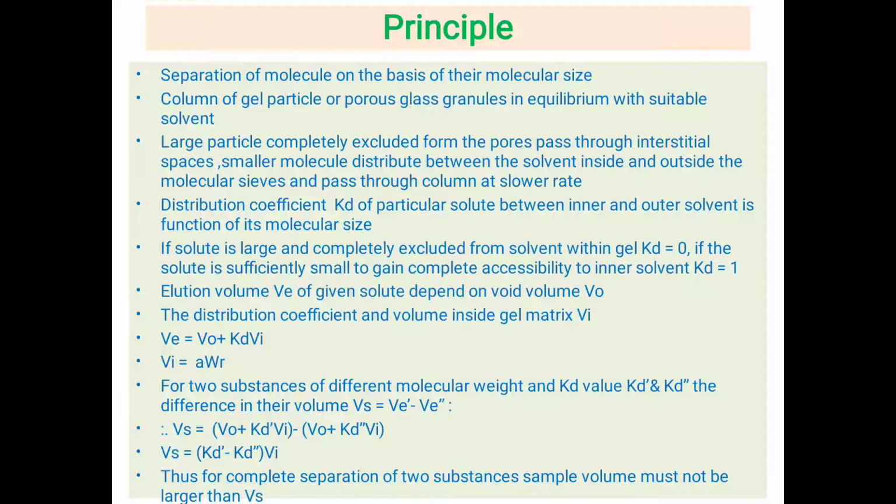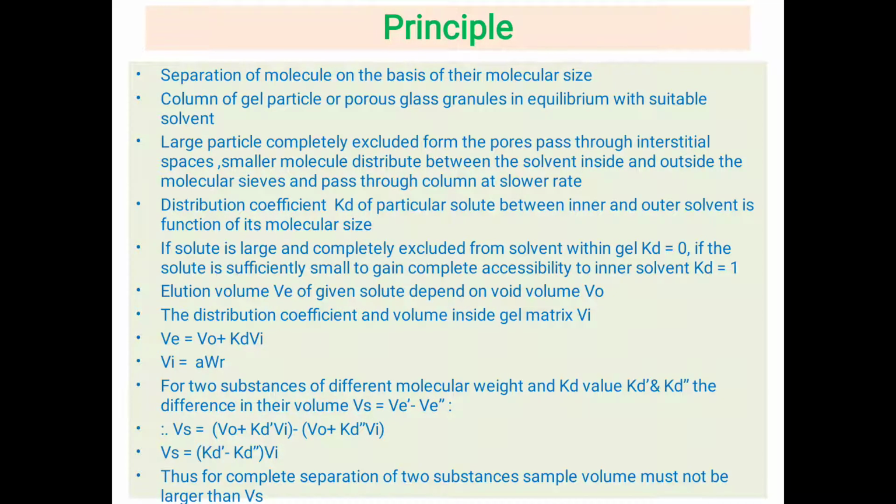For two substances of different molecular weight and Kd values, Kd prime and Kd double prime, the difference in their effluent volume, Vs, is given by VE prime minus VE double prime. What is VE?